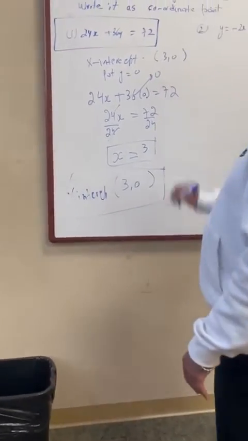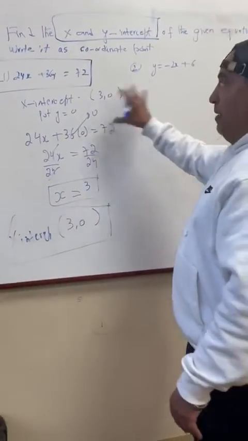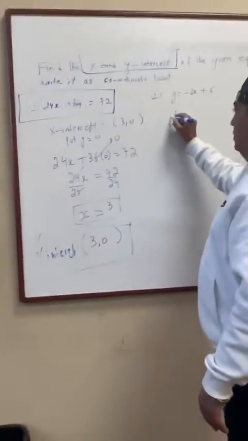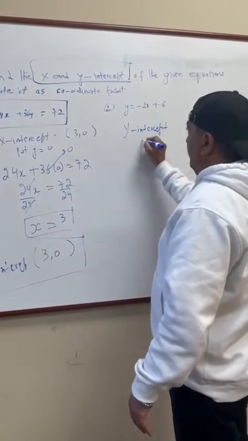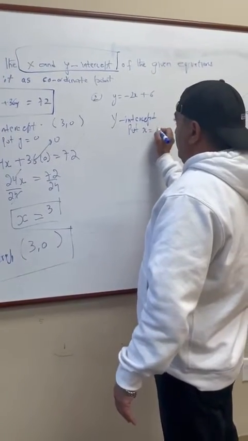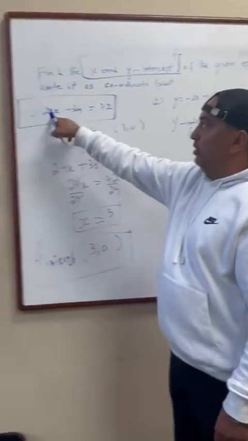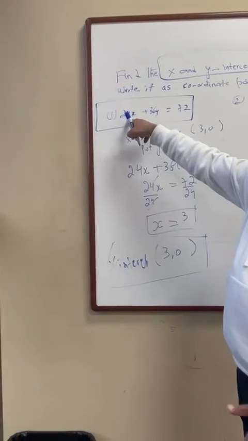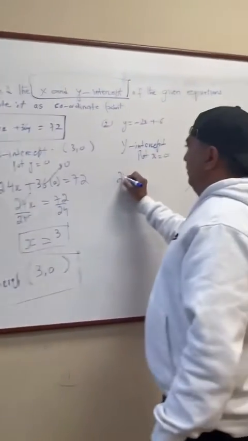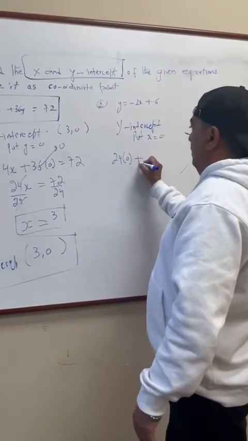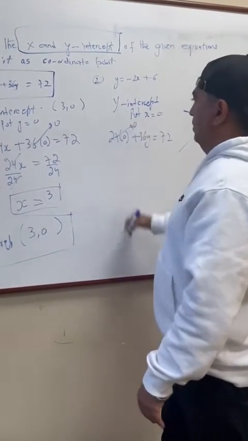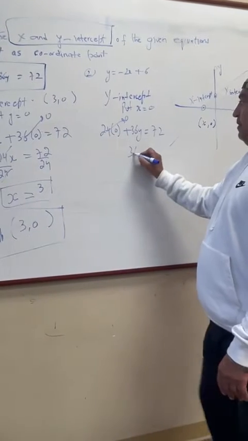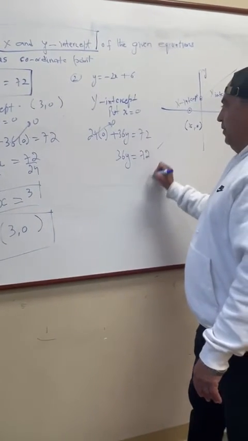In order to get the y-intercept, and remember we are solving only this question right now, we will put x as 0. When we put x as 0, this term will vanish. So 24x is 0 plus 36y is equal to 72. This leaves me 36y as 72.